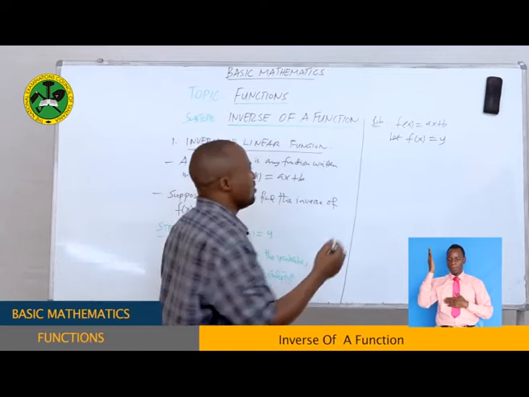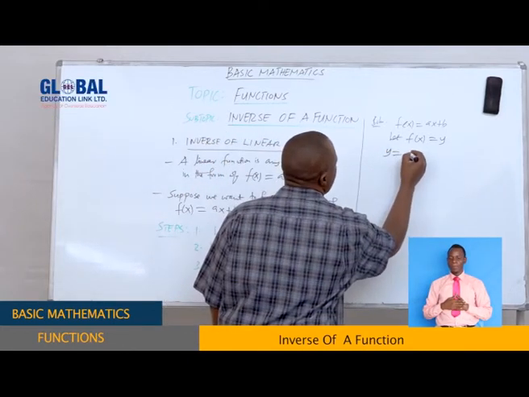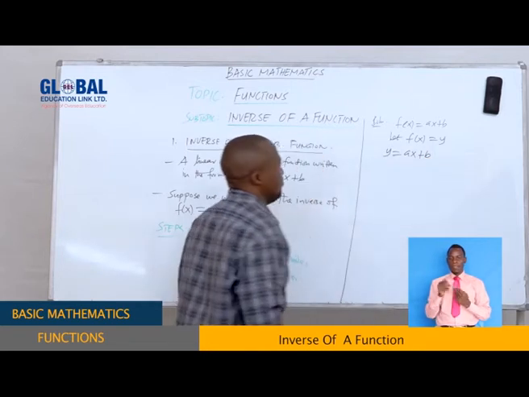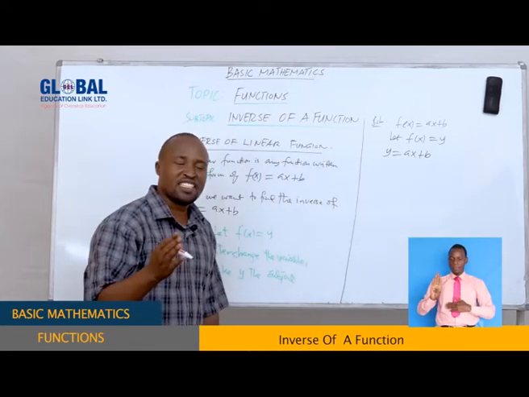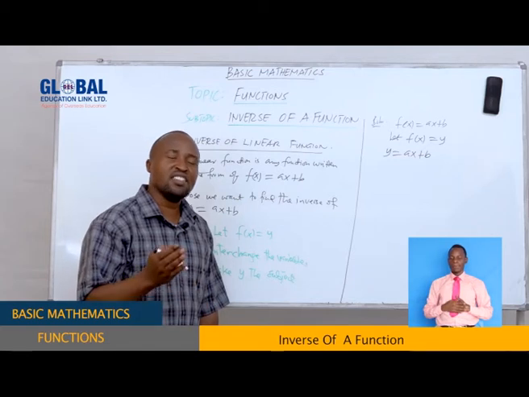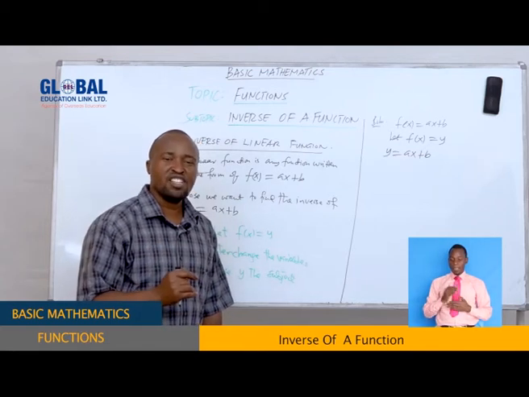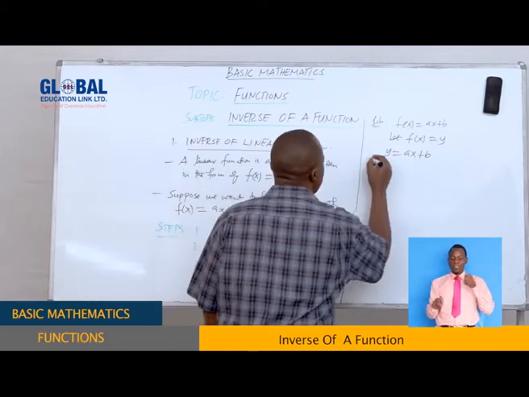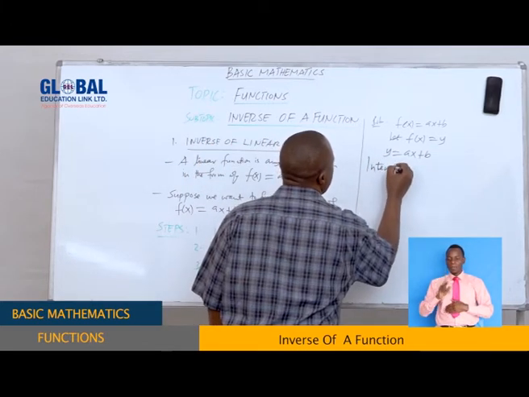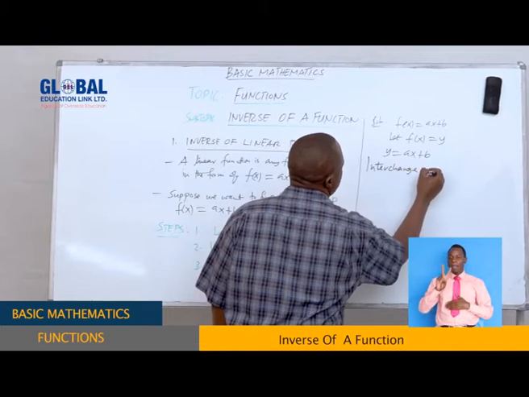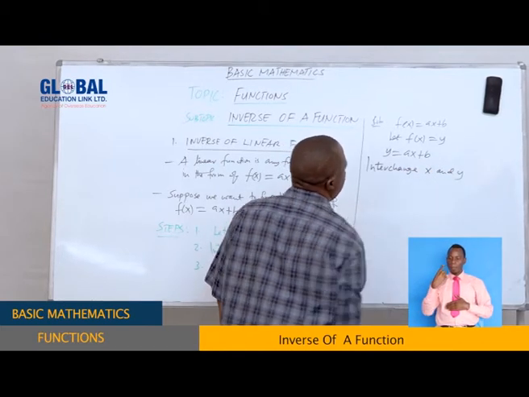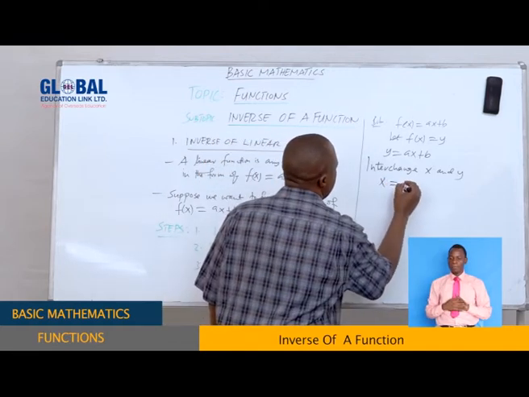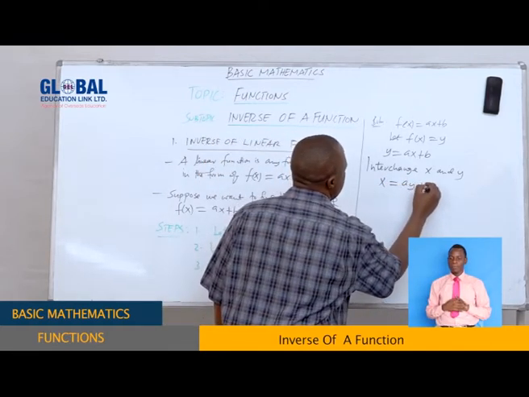Now in this case, we have y is equal to ax plus b. I'm sure you remember the second step. That is to interchange the variables. So here we're having two variables, x and y. So in this case, we say interchange x and y. That is, x is equal to ay plus b.